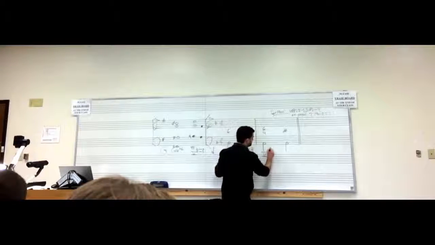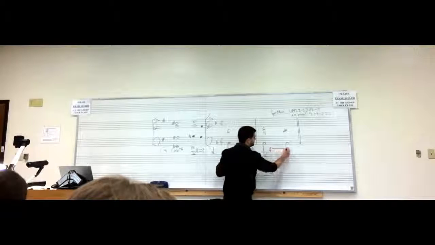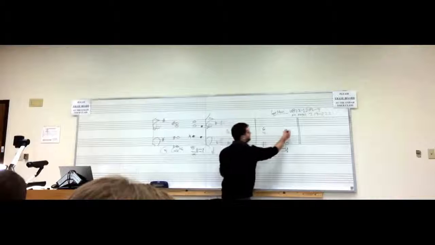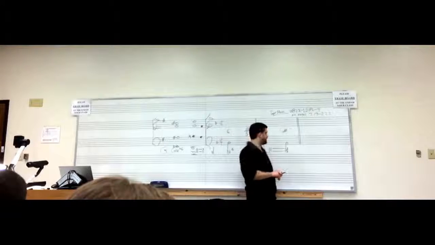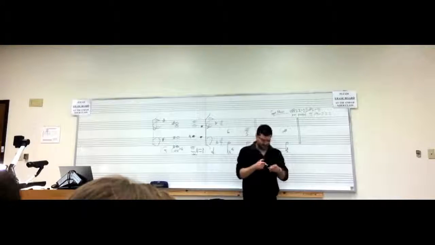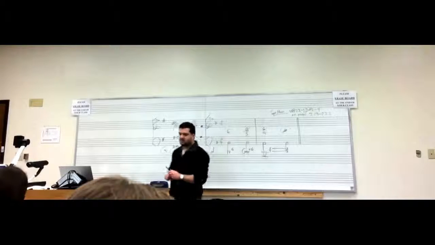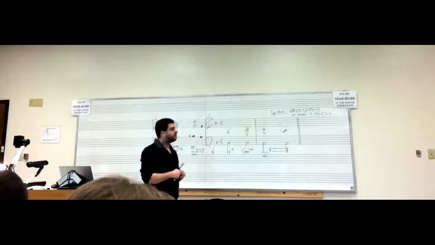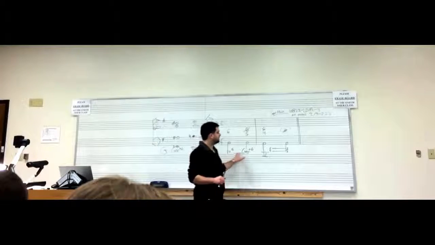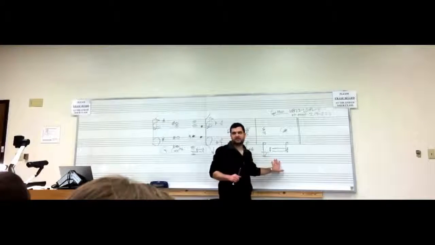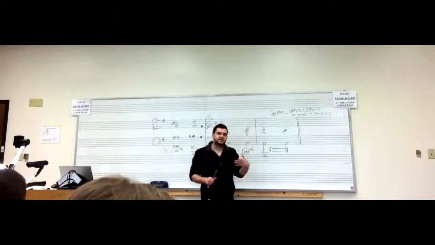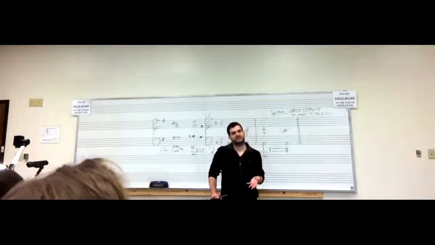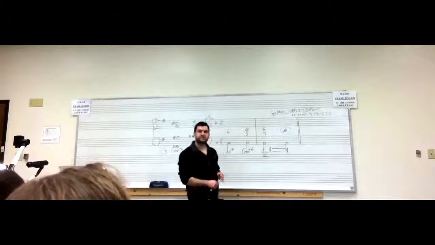Yeah, cadential 6/4, which resolved 5 and 3. And then everybody remembered this 2, which I was happy to see. Good, well done. So all together, this makes for a really smooth way to get from your predominant to your dominant here. Every single voice is either going to be a common tone or it's moving by step. It's a real smooth progression.